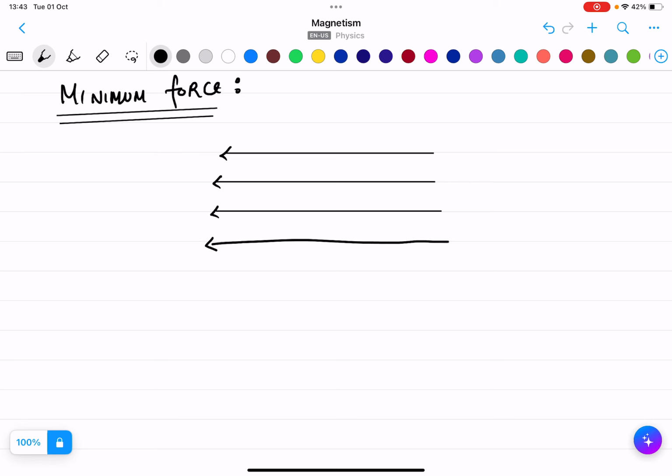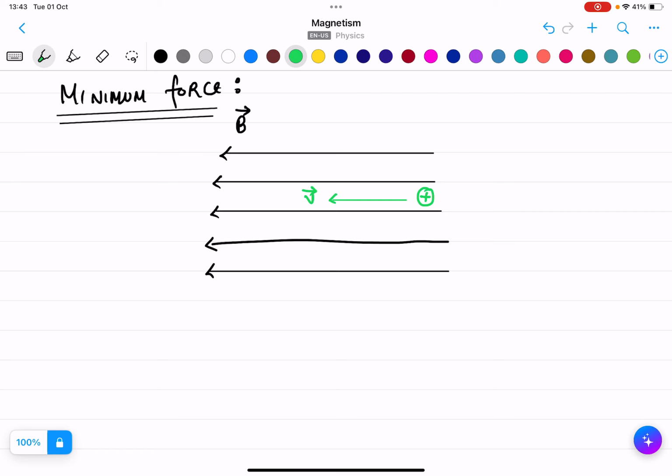Suppose the magnetic field is in this direction. This is the magnetic field B, and now there is a positive charge which is going in this direction, velocity V.